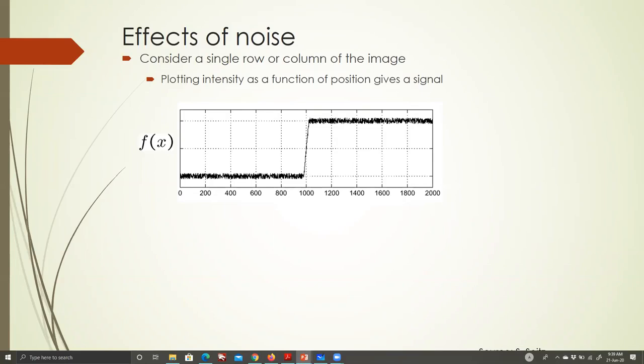But do you see the zigzag that is happening here? This is because of noise. So ideally you would have expected the picture to be something like this, smooth going and then a rise and smooth going, right? Now the problem with noise is when noise gets included, something like this starts to happen. It kind of throws around the values.